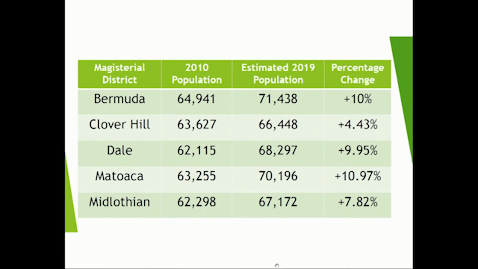So what this means to you, as you come up with the ultimate magisterial district lines, is that Clover Hill will invariably have to gain some territory in order to increase its population. Likewise, Midlothian will as well. Those are the two that will take on some territory in order to make the population equate.